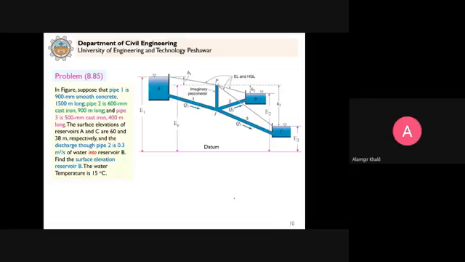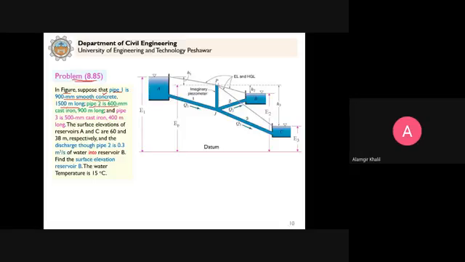Now let us take a problem. This is problem 8.85 from your textbook. Clear? So in the figure, suppose that pipe 1 is 900 millimeter smooth concrete, 1500 meter long. So now the pipe material is known, that it is smooth concrete. The diameter and lengths are given.